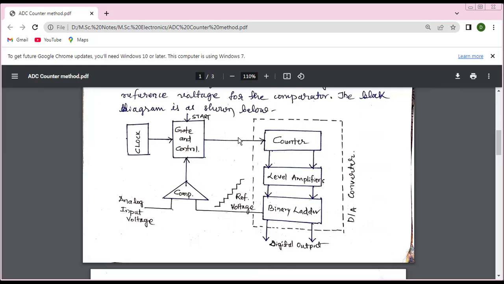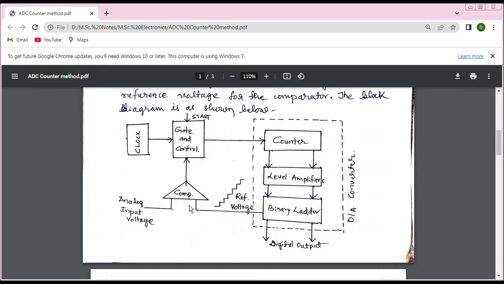So one pulse appears here, that pulse comes down, and that pulse also comes here as the output of the ladder in the form of an analog signal, and one step is produced here. For that one pulse, one step is produced.